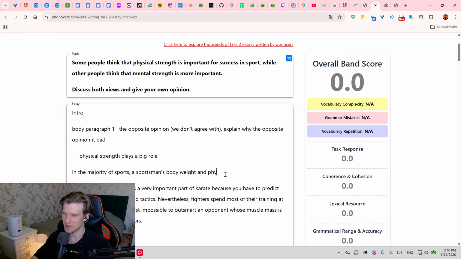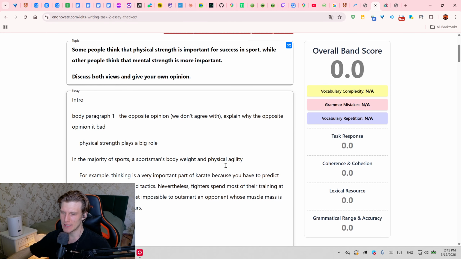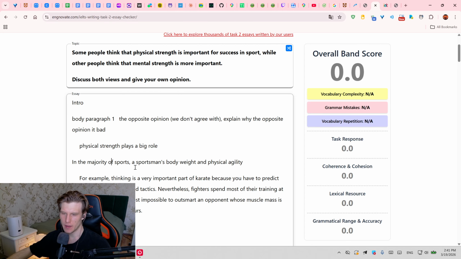Is it a word? Okay, I'll just put some words there without overthinking them. Then when I have the final draft, I will think more thoroughly about them, and if some of them I don't like, I will just replace them. But physical agility seems fine to me now.